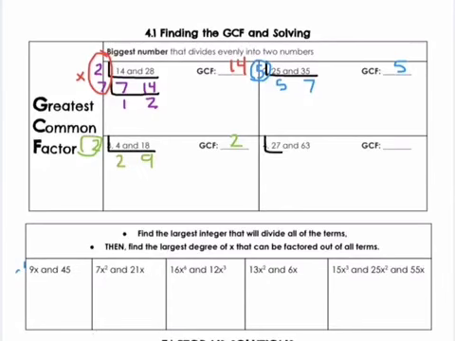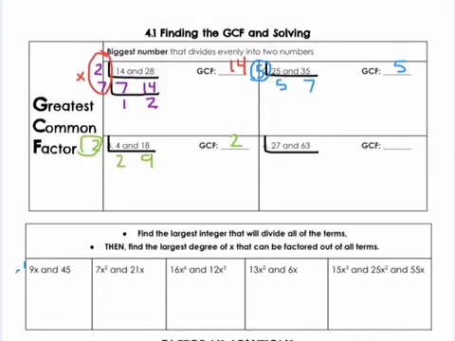And what number can I divide 27 and 63 by? If you know your multiplication facts, this one's not going to be that challenging for you because you already kind of know what times what equals 27 and what times what equals 63. So you could start by dividing them by smaller numbers, but there again, that's sometimes challenging too.